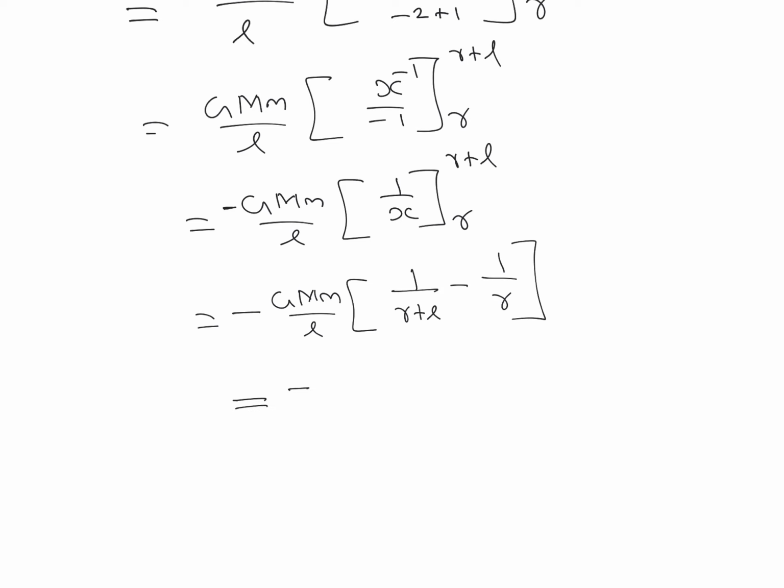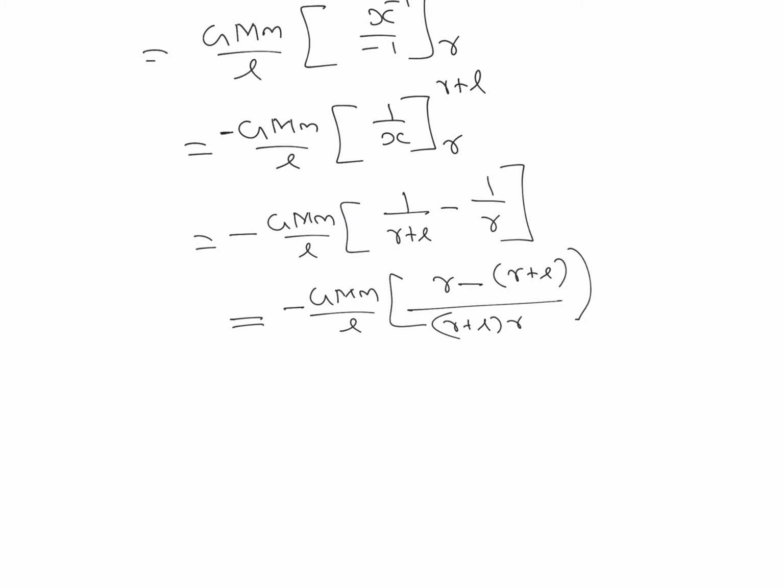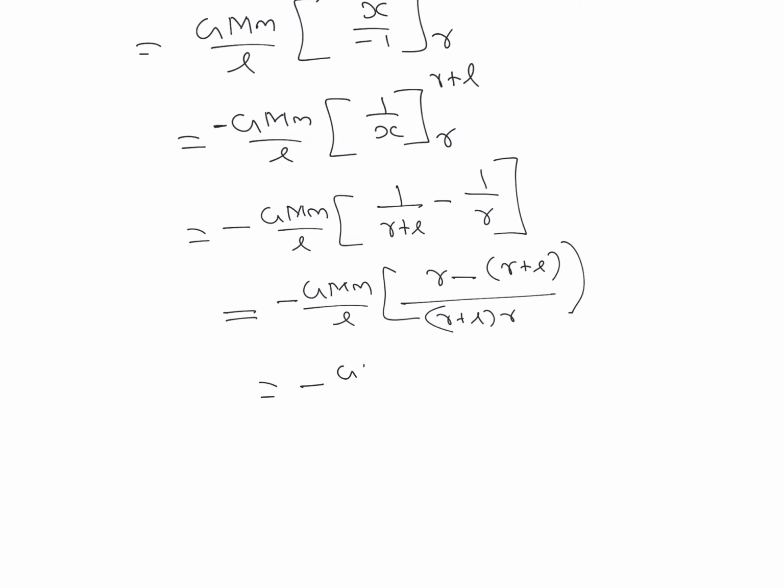So this can be written with r plus L into r as the LCM: r minus r plus L divided by r plus L into r. So this is minus of G M m divided by L into r minus r minus L divided by r plus L into r.